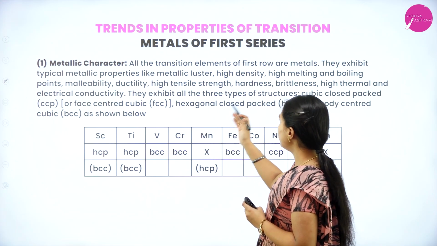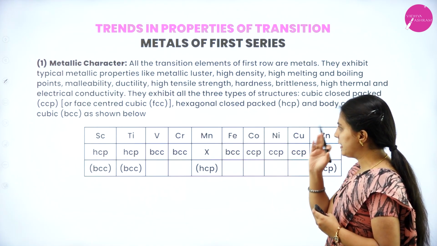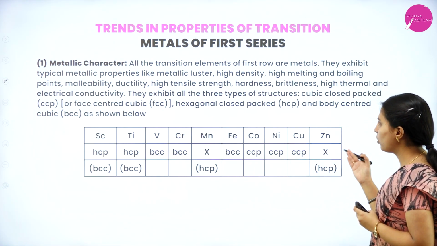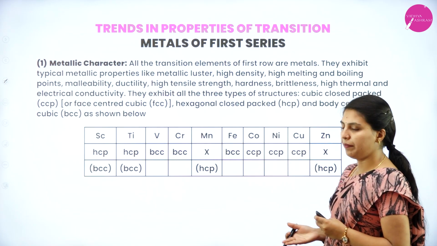They exhibit all three types of structures: cubic close packed, that is CCP, or face centered cubic FCC, hexagonal close packed HCP, and body centered cubic BCC.